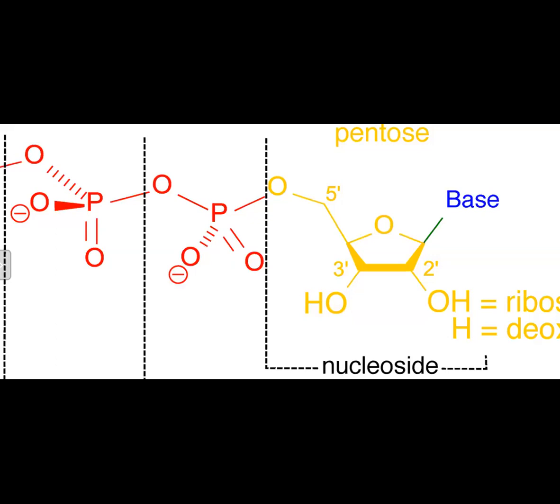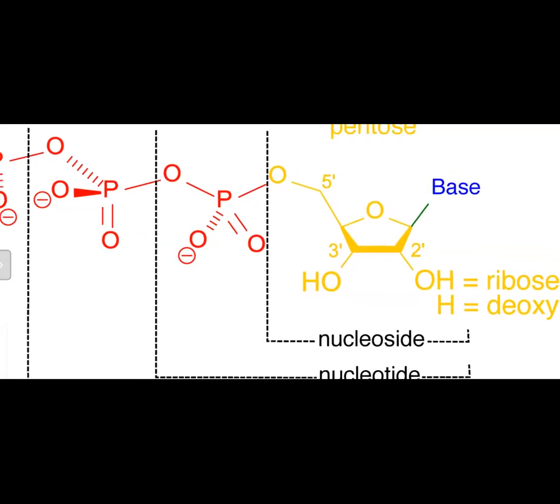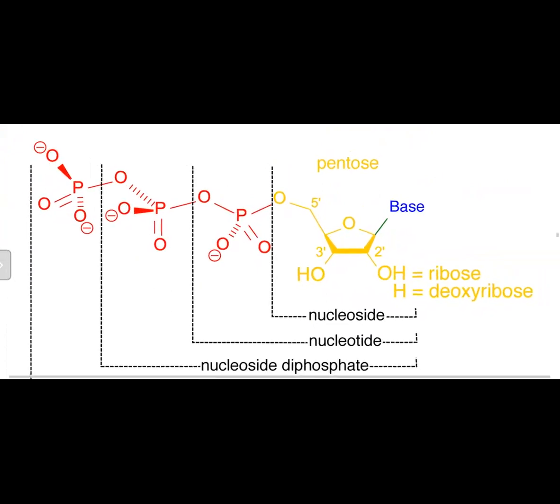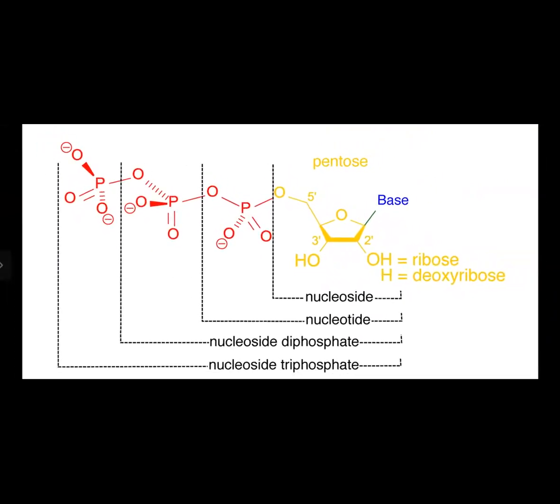Adenosine, two phosphates are there: adenosine diphosphate. If one more phosphate is attached, it is called adenosine triphosphate. As here we are simply mentioning it as base, we are talking in terms of nucleoside. Is it clear? I hope it is clear for you.